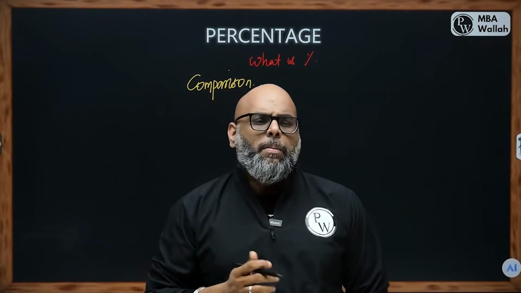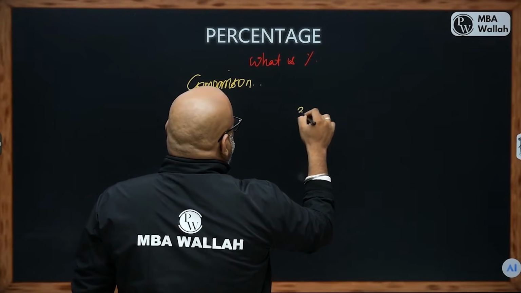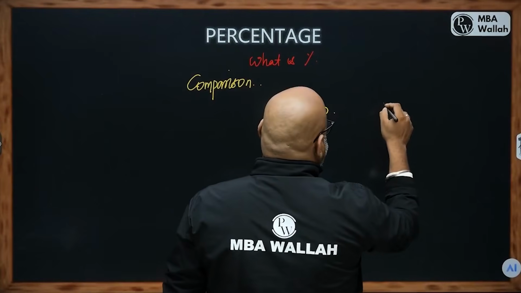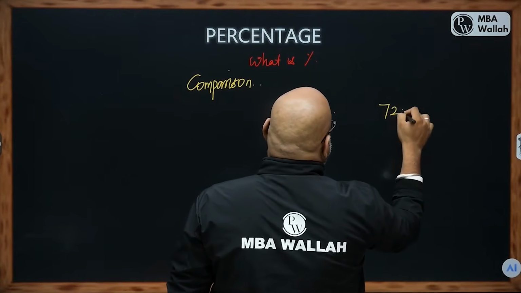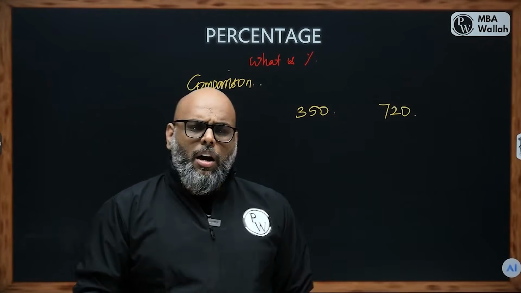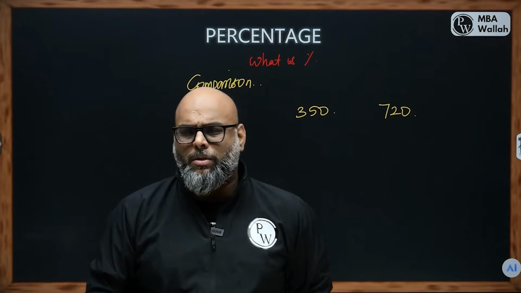To give you an example, let's say someone scores 350 marks and there's another guy who scores 720 marks. If I ask you who has scored better, our minds would automatically say, hey, 720 seems to be better, right?